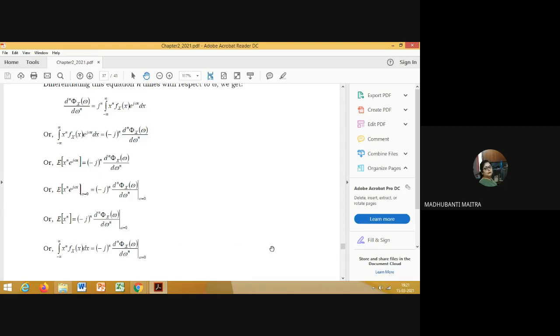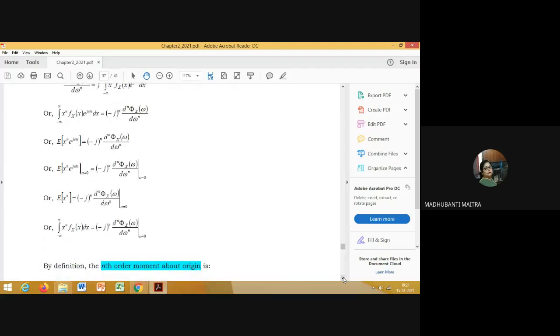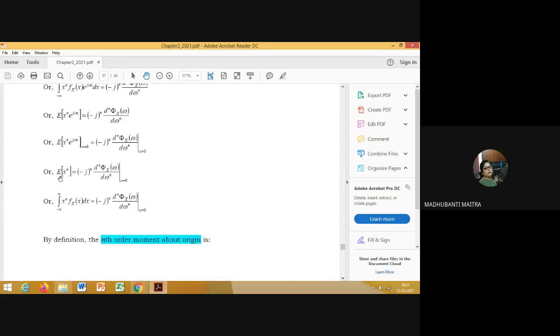So that's why this characteristic function is called a moment generating function. Again, this can be written as the integration from minus infinity to infinity of x to the power n f(x) dx, at omega equal to 0, equal to minus j to the power n d^n phi_x(omega) / d omega^n.